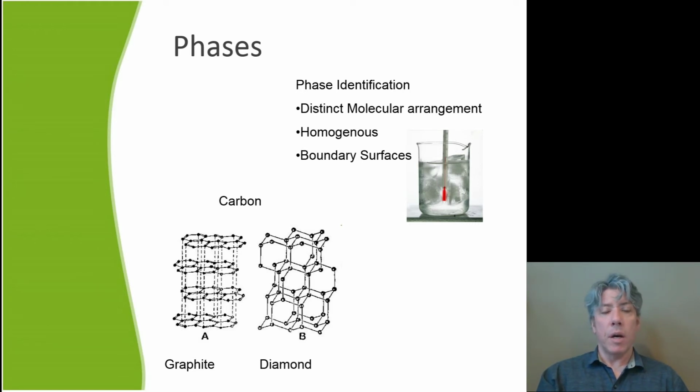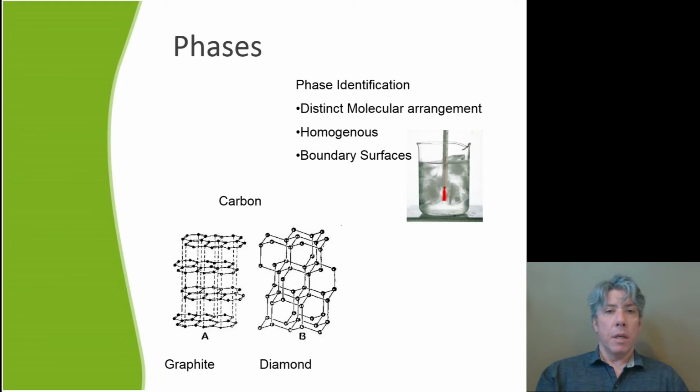Both of those are definitely two distinct phases, solid phases of carbon. They have their different uses, right? I mean, diamond is obviously very hard and useful in that sense, and graphite is a good lubricant because the planes slide past each other. But they are both still carbon. They are the same element, the same atom making up those solid phases.